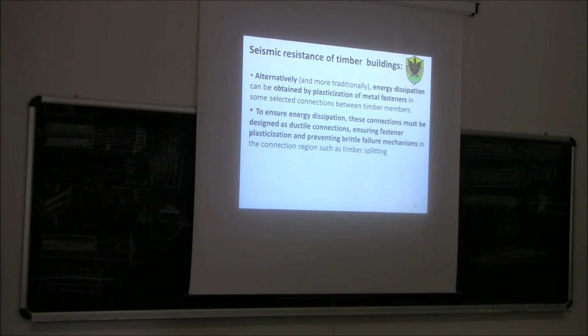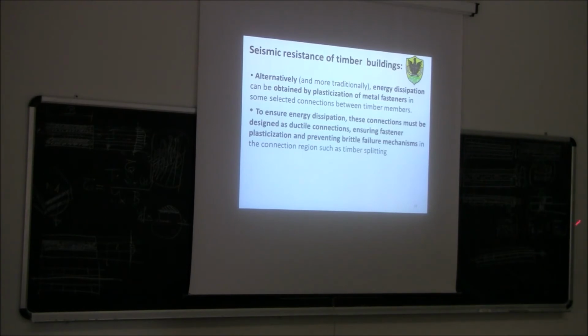So if I want to have a dissipative structure, when it comes to designing this kind of connection, it will not be enough to check that, let's say, the design shear force is less than the shear strength capacity of the connection itself.